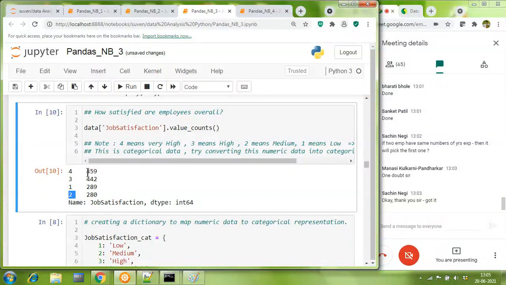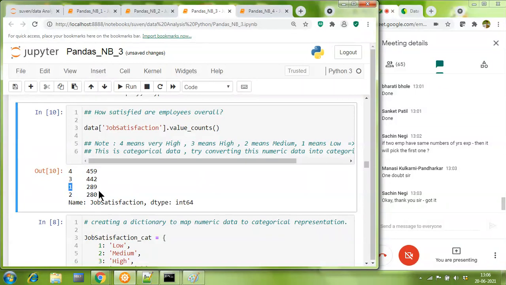There are 459 people who have marked 4, meaning they are very satisfied with their current job. There are 289 people who have marked 1, meaning they are not satisfied at all, and if given a chance, they will hop, skip, and jump onto the next job.